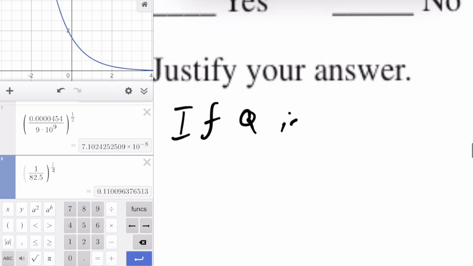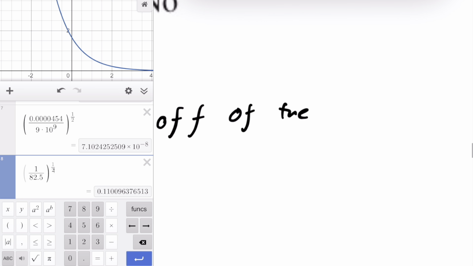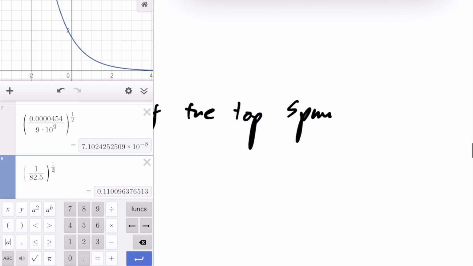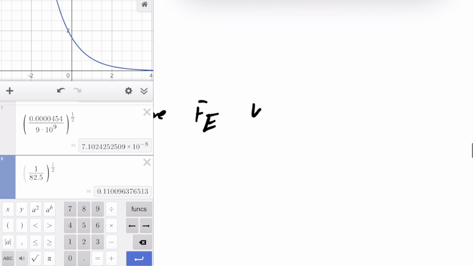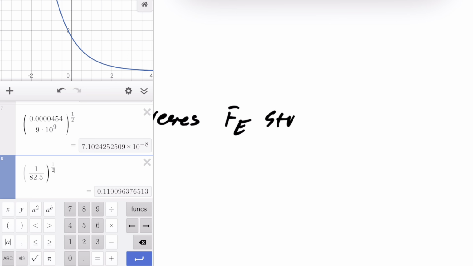If Q is leaking off of the top sphere, Fe weakens. But if distance decreases, Fe strengthens.